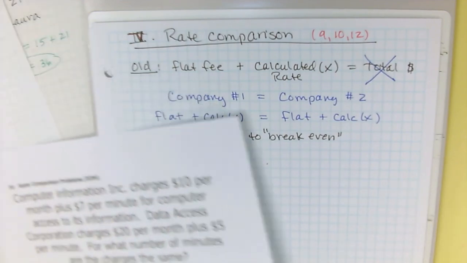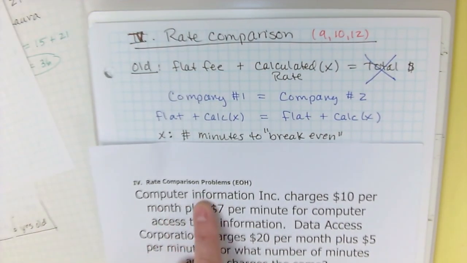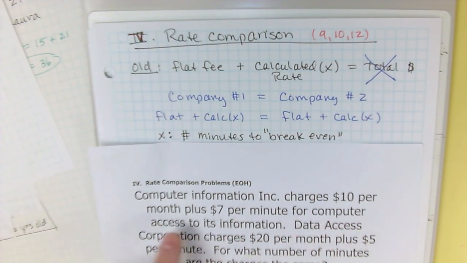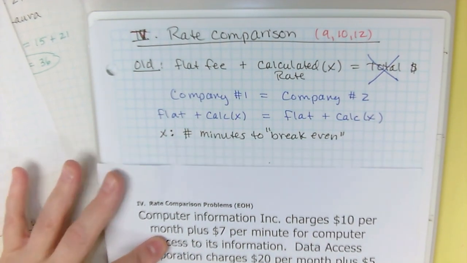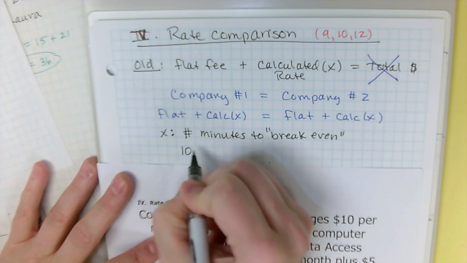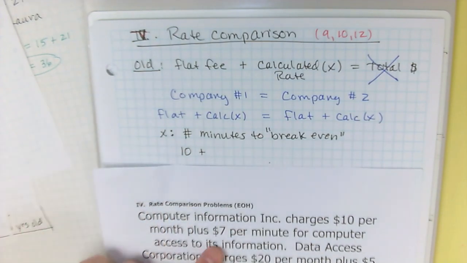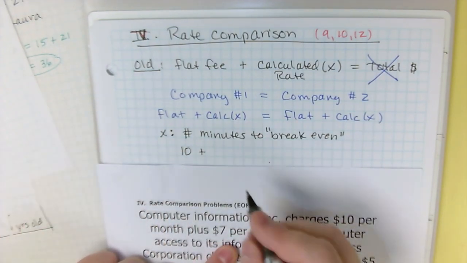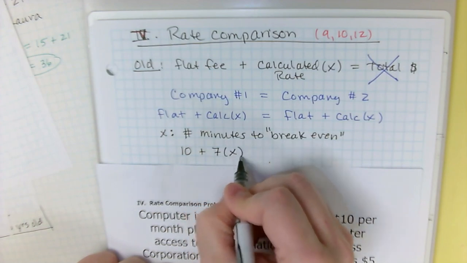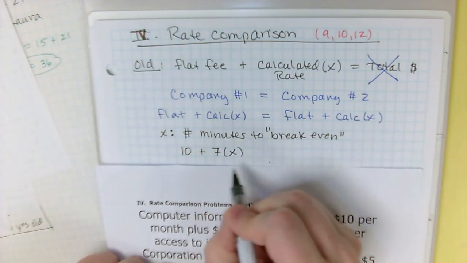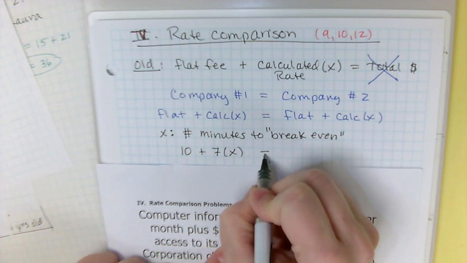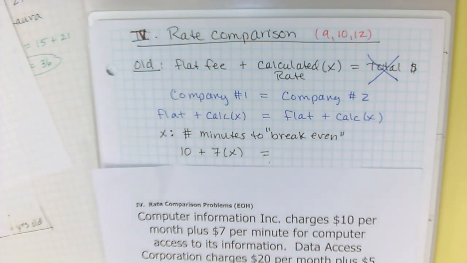Okay, so let's do Computer Information Inc. It charges $10 per month. That's our flat rate. So we're going to go $10 plus $7 per minute. So $7 times X number of minutes. And depending on the number of minutes, that's how much it will cost. Equal to, okay, now data access.